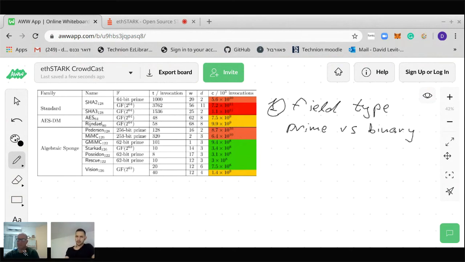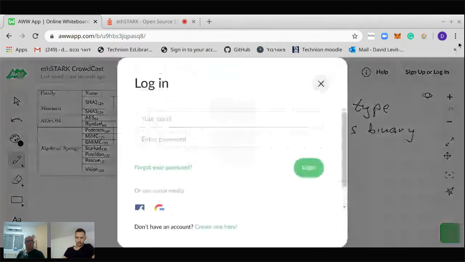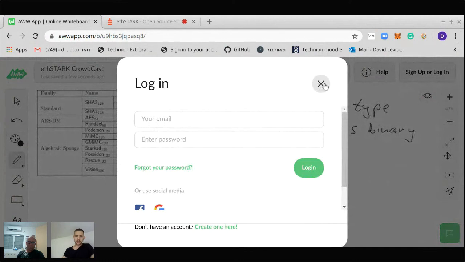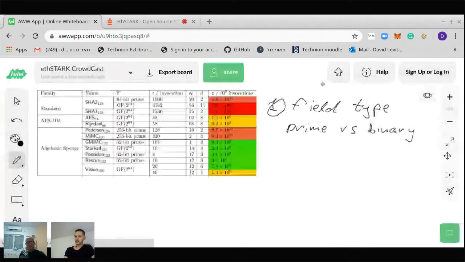So let's say we use a prime field. So in the Stark protocol, we have two steps: the arithmetization, and then we have the low degree extension and the FRI.